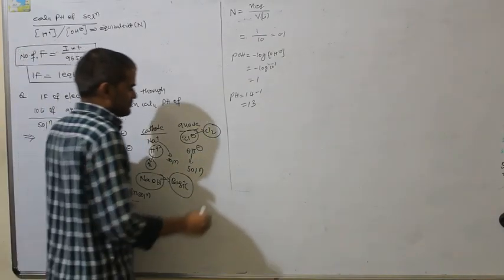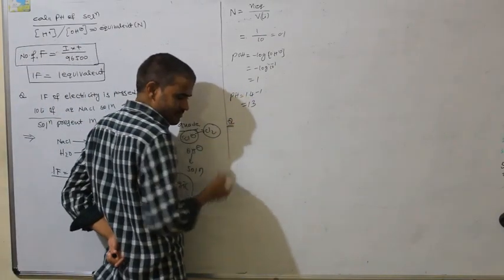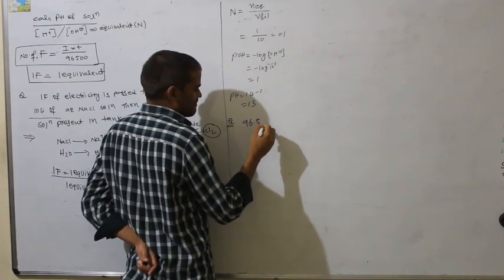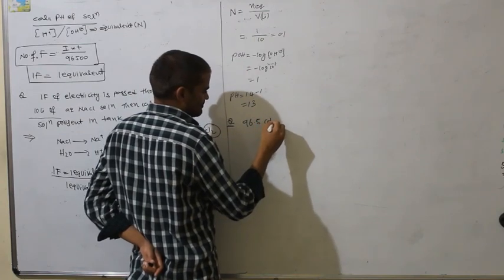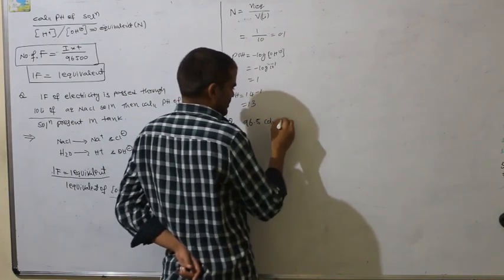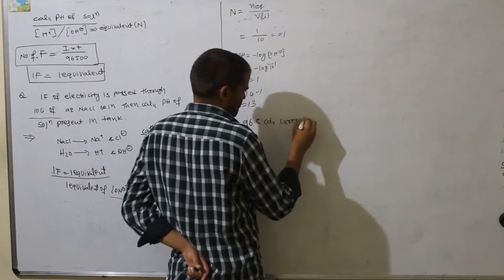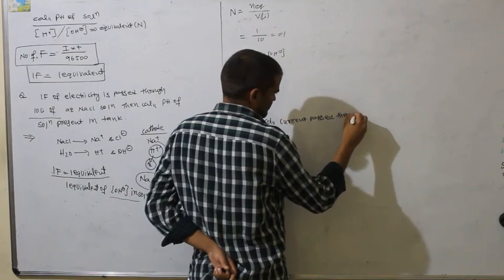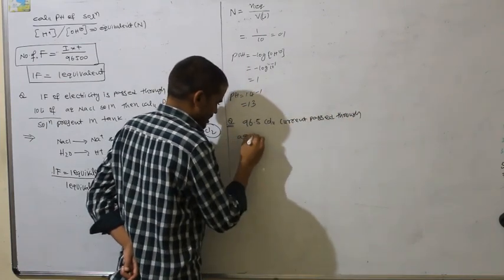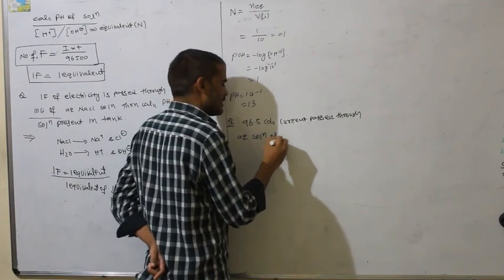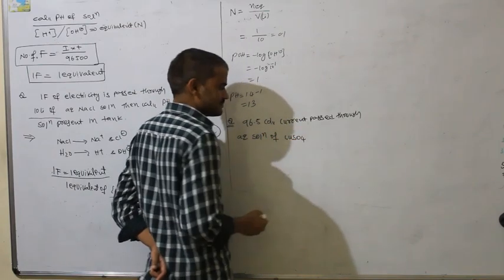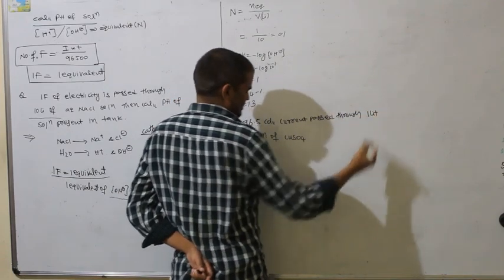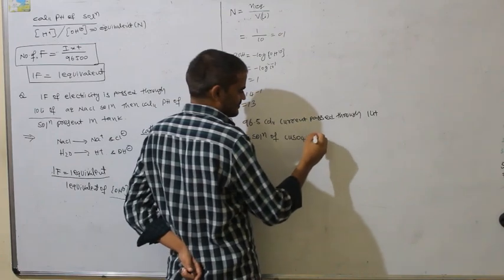In the same way, take one more question. 96.5 coulombs of current passed through 1 liter of aqueous solution of copper sulfate.